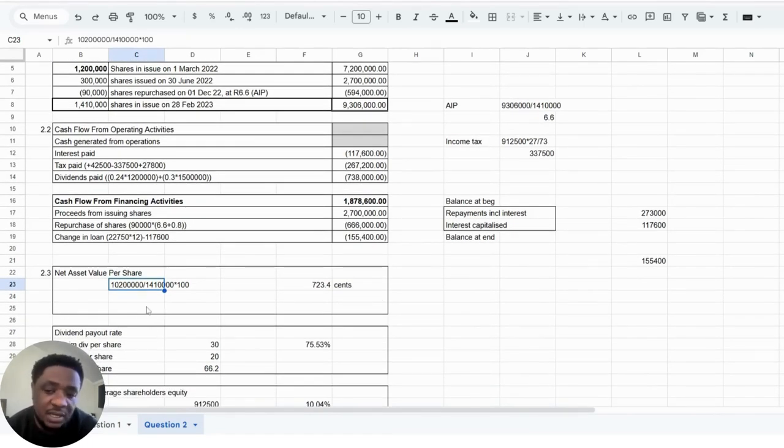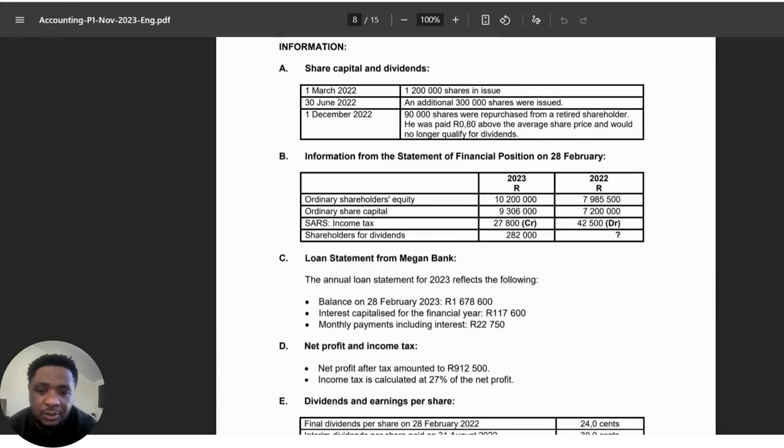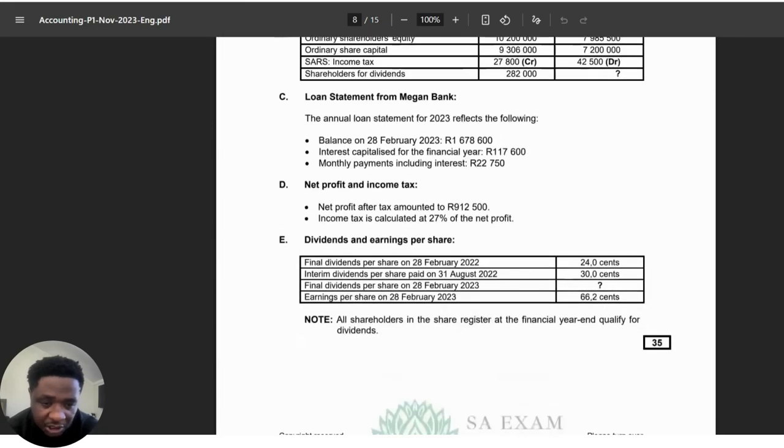Then we needed to work out the dividend payout rate. So when you work out the dividend payout rate, you basically look at the earnings per share. So you take your interim dividend per share plus your final dividend per share, add those together, and then you divide by the earnings per share. So if you look at it here, earnings per share is 66.2 cents, and then your interim dividend per share is 30 cents per share, and then the final dividend per share is what was not given.